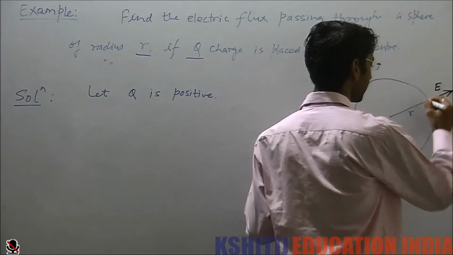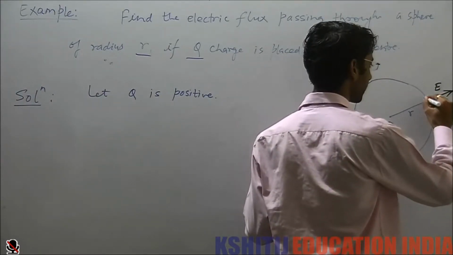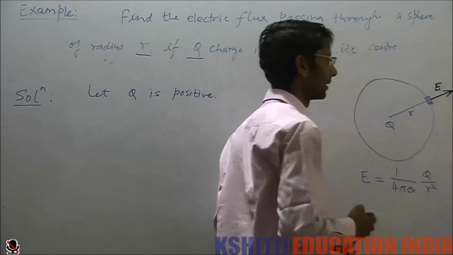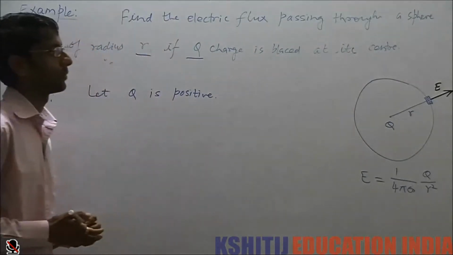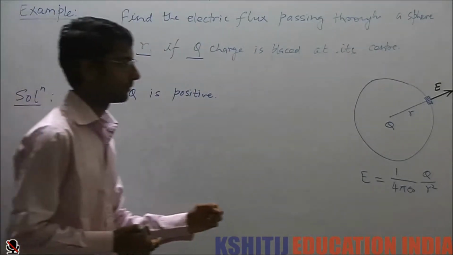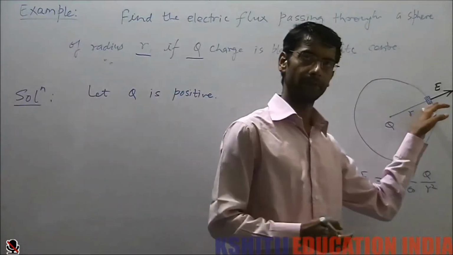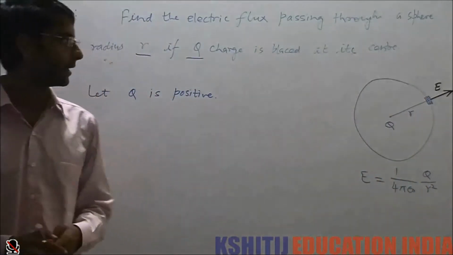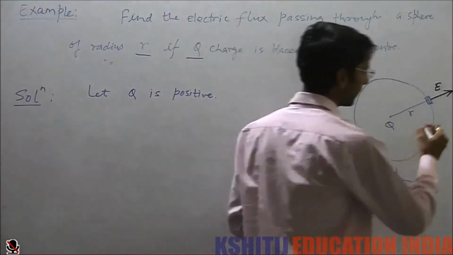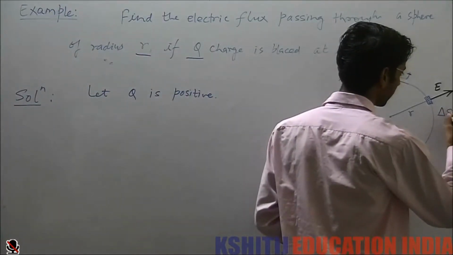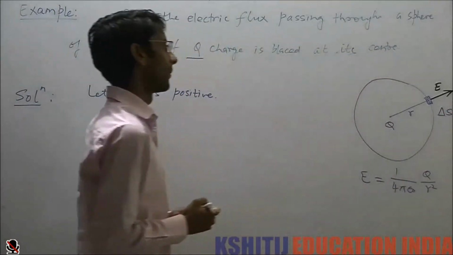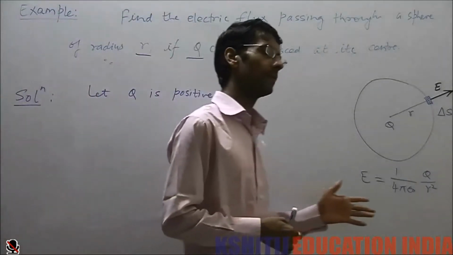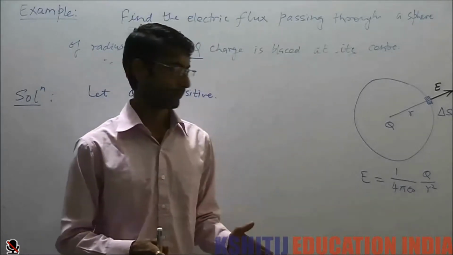And let's take a differential element at any point where we are interested. This is a differential element of that surface area, and we call it delta S. Now, we have to ascertain one more important parameter, which is the angle between the two.